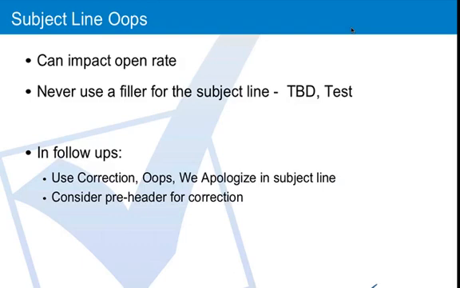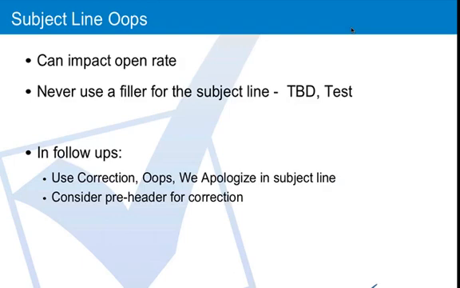When you're creating your subject line, create the subject line you want to use when you're setting up your email. So many times people forget to go back and put in the real subject line, and I have an example when this didn't happen. Again, in your follow-up emails, be sure in your subject line to use something like correction, oops, or we apologize, so your recipients know that you haven't upped your mailing frequency or you're trying to annoy them.